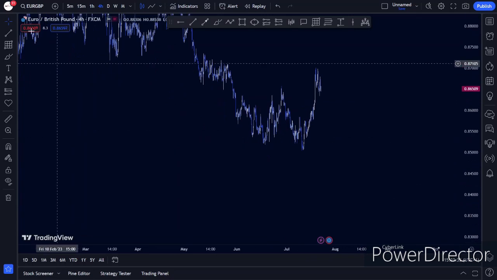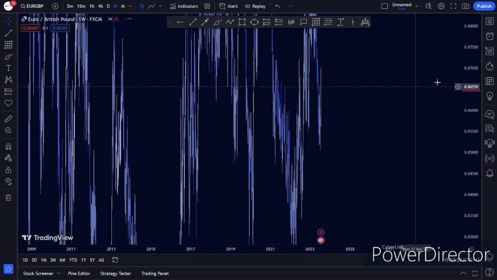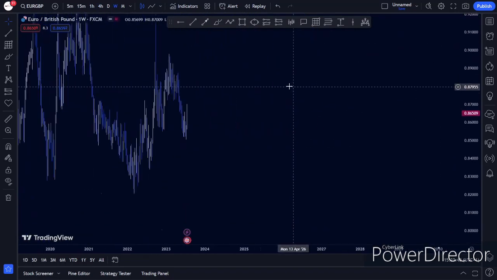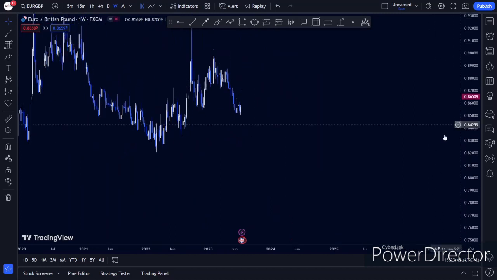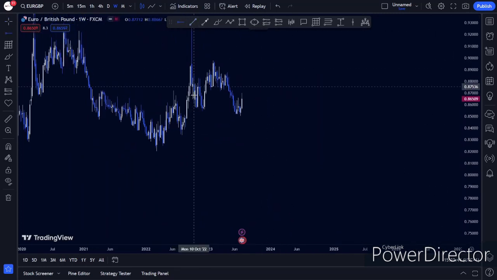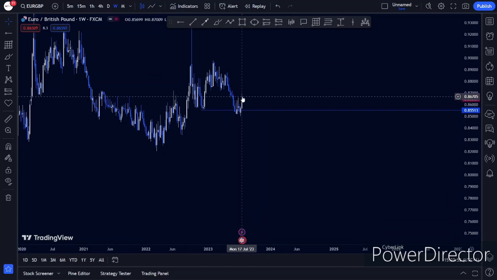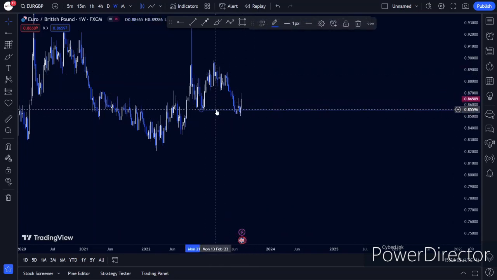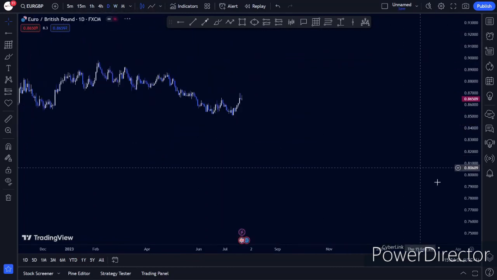So there is nothing more to talk about here on the weekly, but you have to understand we just broke this low and then we are trading above the low here. So whatever we're going to do, we need a deliberate price action because we are trading just above the low here. So price could actually form some massive price action before coming to the upside. So we really need to be conscious of the decisions we're making around this region.